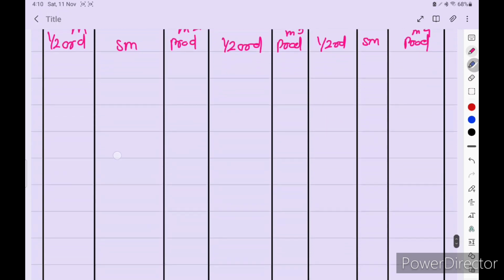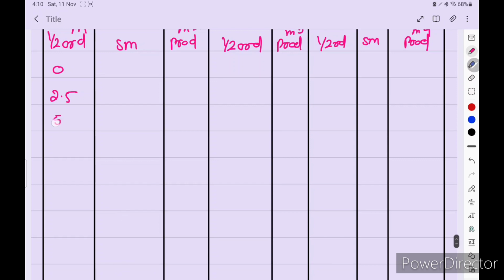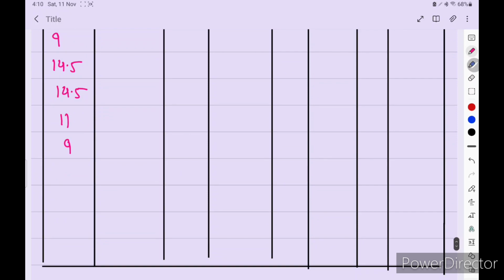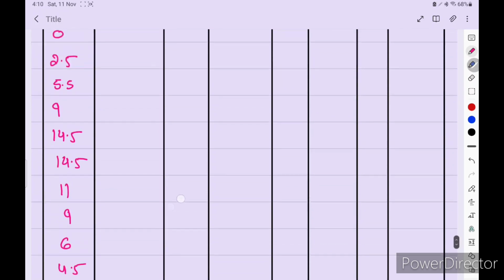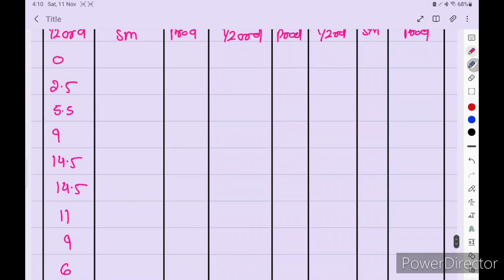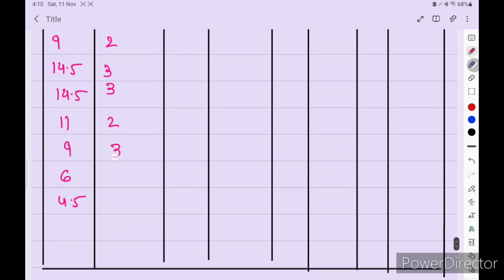We have to halve them. So 0, 2.5, 5.5, 9, 14.5, 14.5, 11, 9, 6, 4.5. So it's 10 ordinates, so we use rule number 2. So 1, 3, 3, 2, 3, 3, 2, 3, 3, 1.